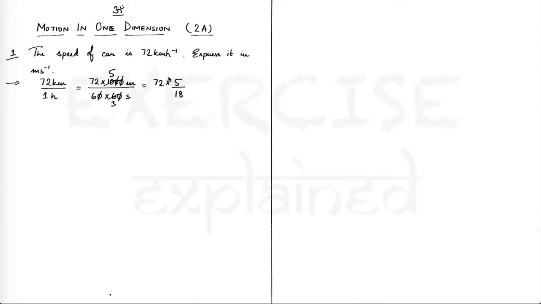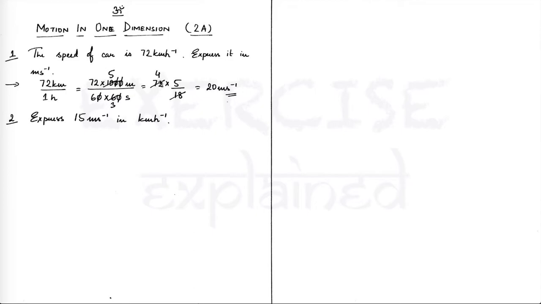So whenever we have to convert kilometer per hour to meter per second, we need to multiply by 5 by 18. Do remember that whenever we are converting from kilometer per hour to meter per second, we just need to multiply the number by 5 by 18. So 72 into 5 divided by 18.